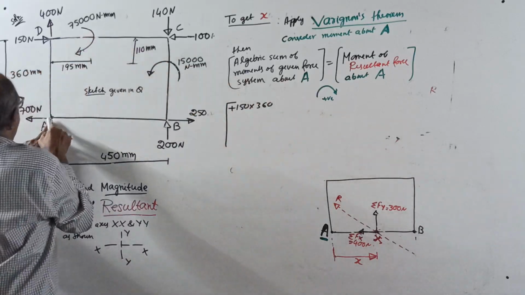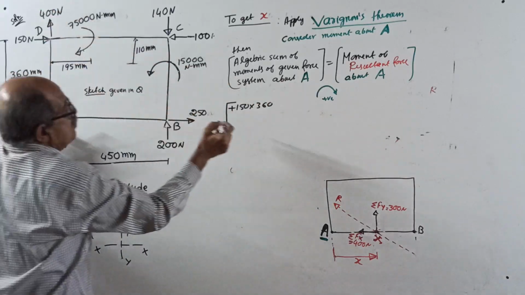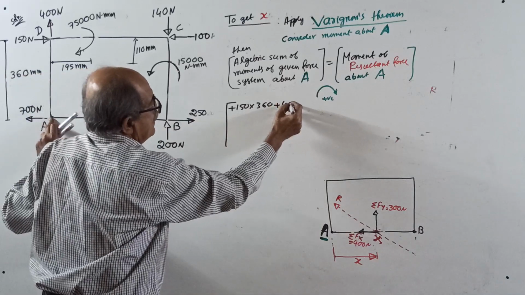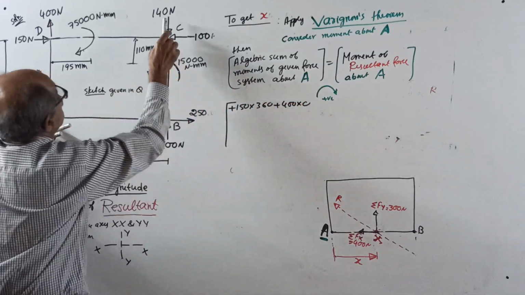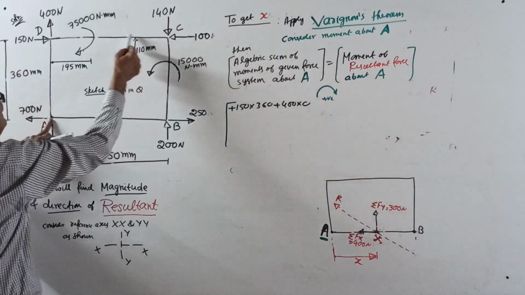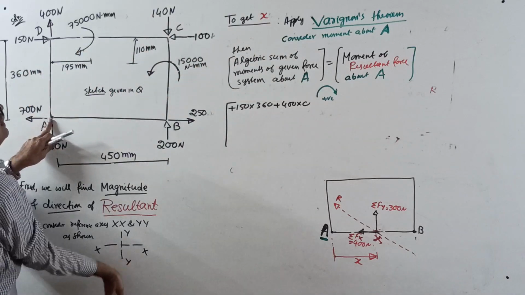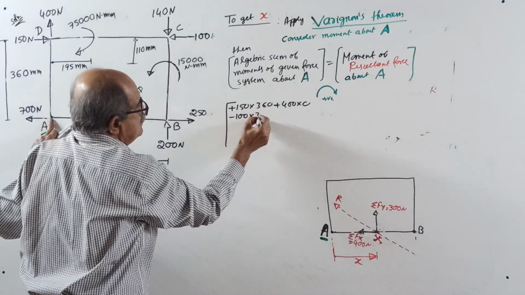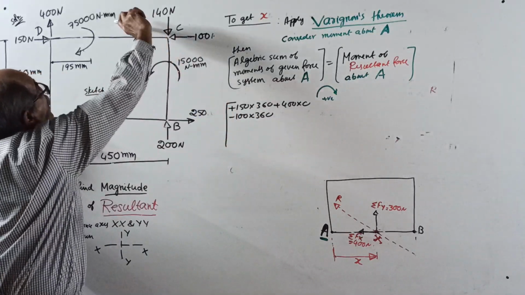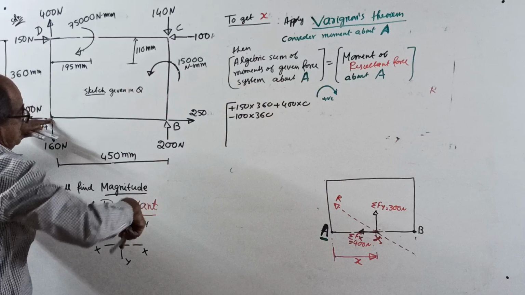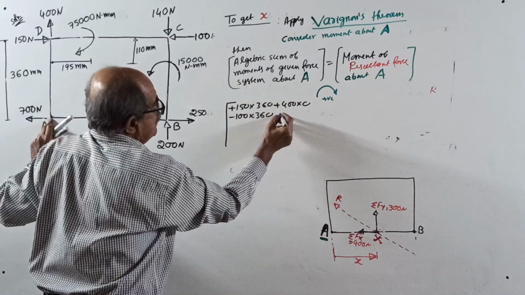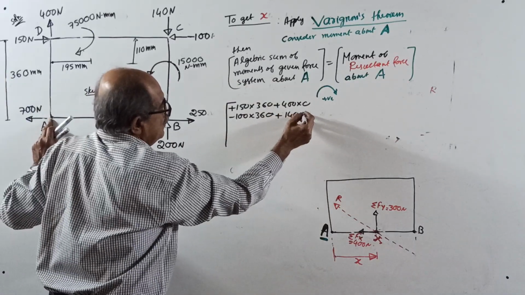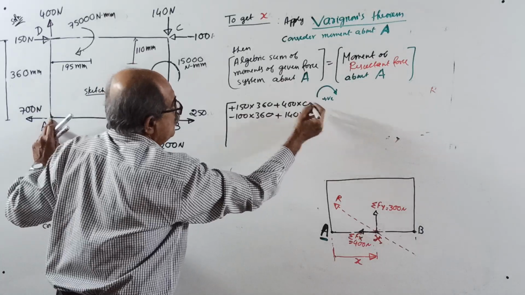Then 400 into 0 plus 400 into 0. Then come here. 100 into 360 anti-clockwise, minus 100 into 360, plus 140 into 450. I will not explain. This I so thoroughly explained earlier.